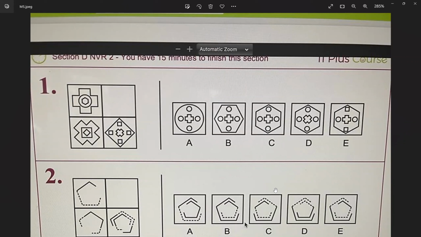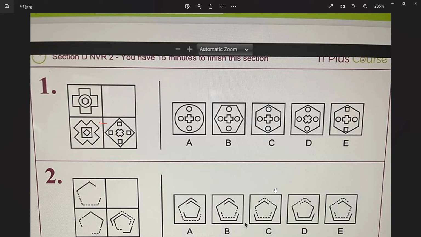Now it's question number one. What do you notice? So first, I noticed that this add shape turns into a multiplication sign, or the cross rotates, and then the middle shape, this is a horizontal matrices kind of thing.